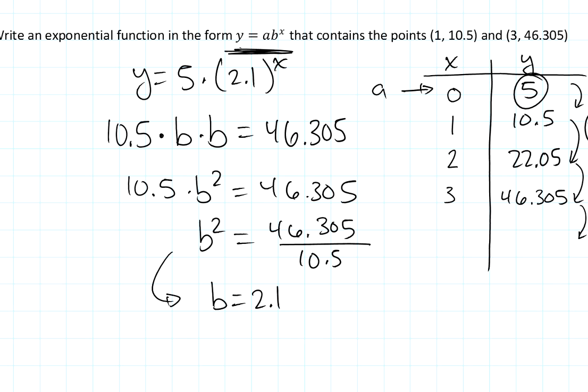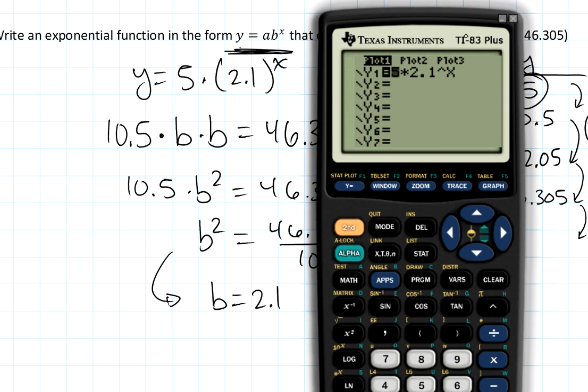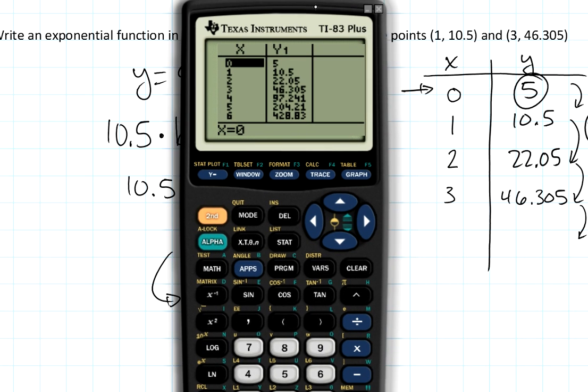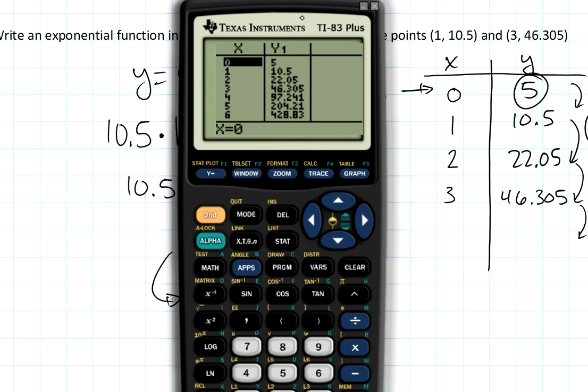Now it might be nice to enter that as a function and make sure it's producing the right values, but I think we've got our function. Actually, just to double check my answer, I did enter this as a function: y equals 5 times 2.1 raised to the x power. Looking at this as a table, when x is 0, I get 5.